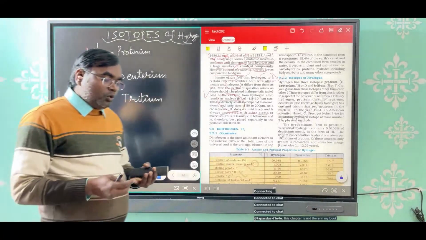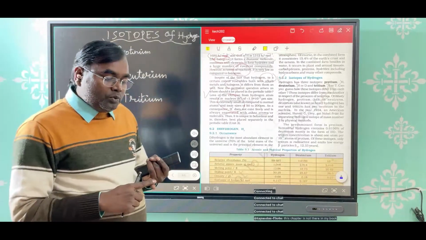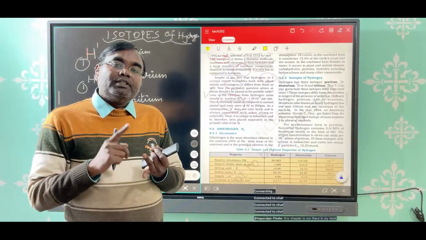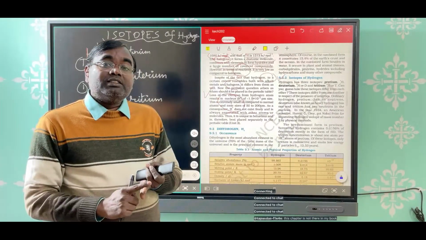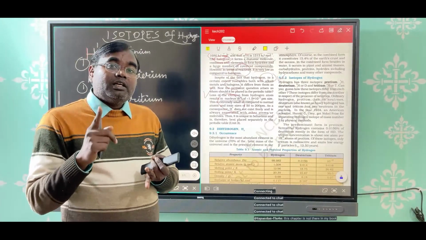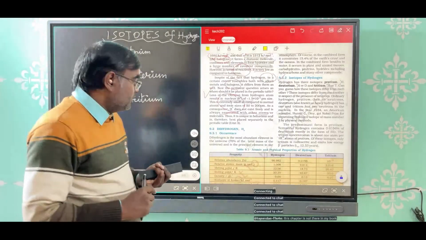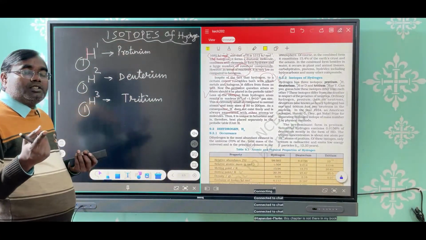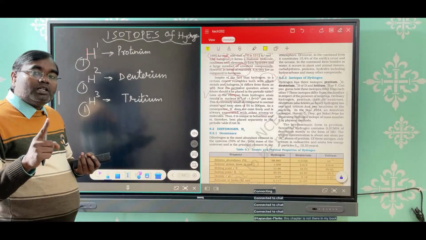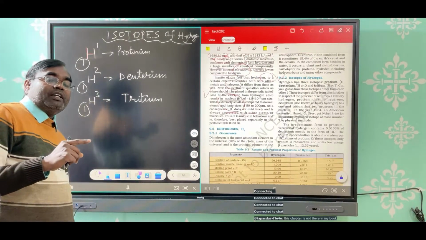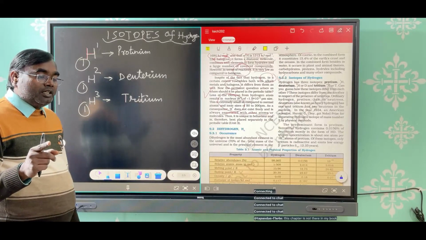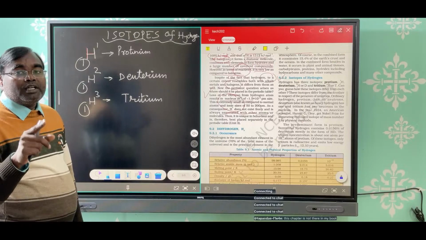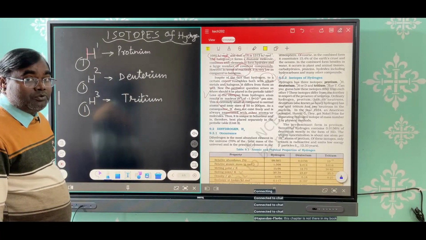That means those elements which have the same atomic number but a different number of neutrons, that means different atomic mass, are called isotopes. So isotopes are available for a single type of element because of their different mass number or different number of neutrons in the nucleus.